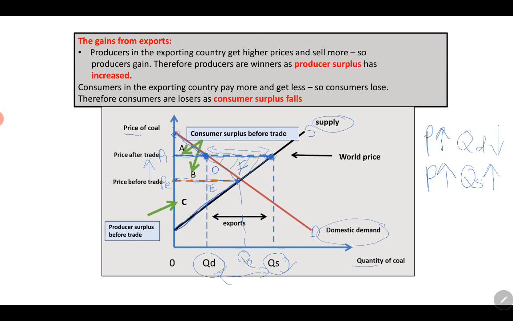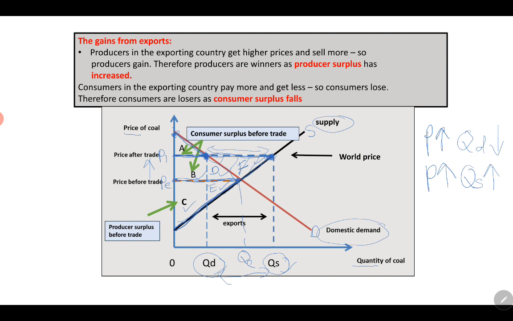It has grown to a bigger triangle, covering a bigger area because the price is at P1. The producer surplus was originally C and E, this small triangle. After the trade has taken place, producer surplus has increased to a bigger triangle covering C, B, D, F and E. So basically the producer surplus has increased.